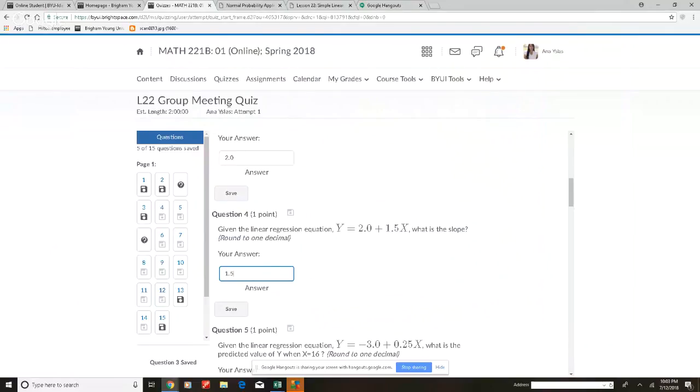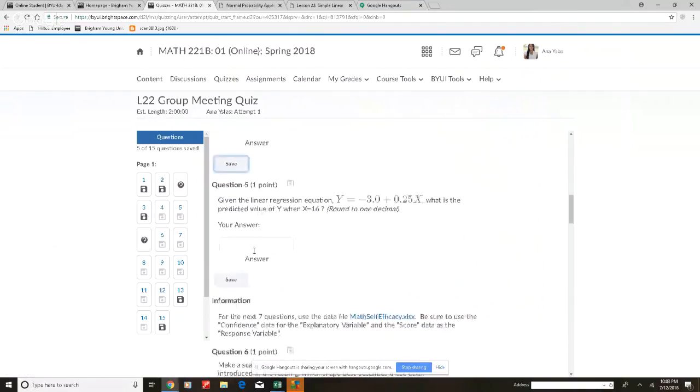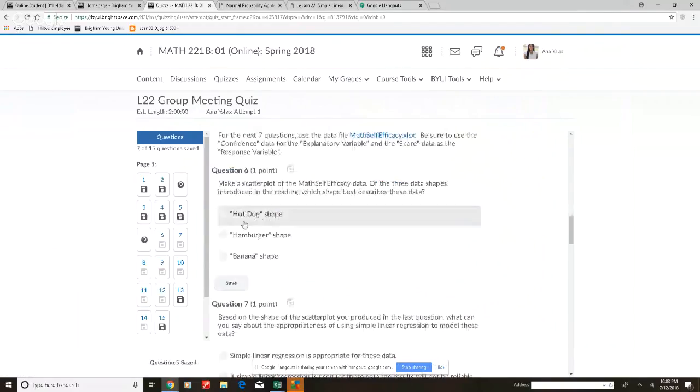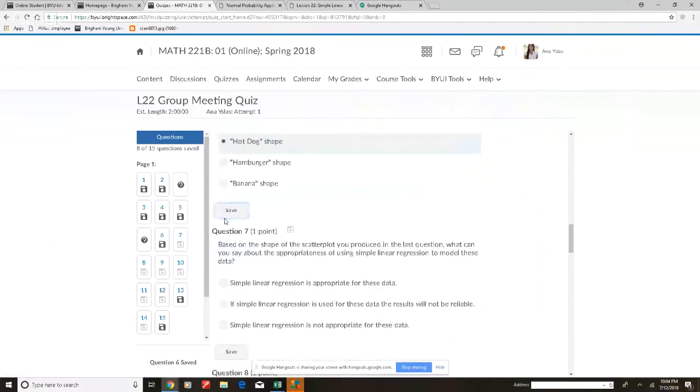Oh, actually, it has 3 decimals, right? No, you can round to 1. Yeah, 1.5. 5. 1.00. 7.